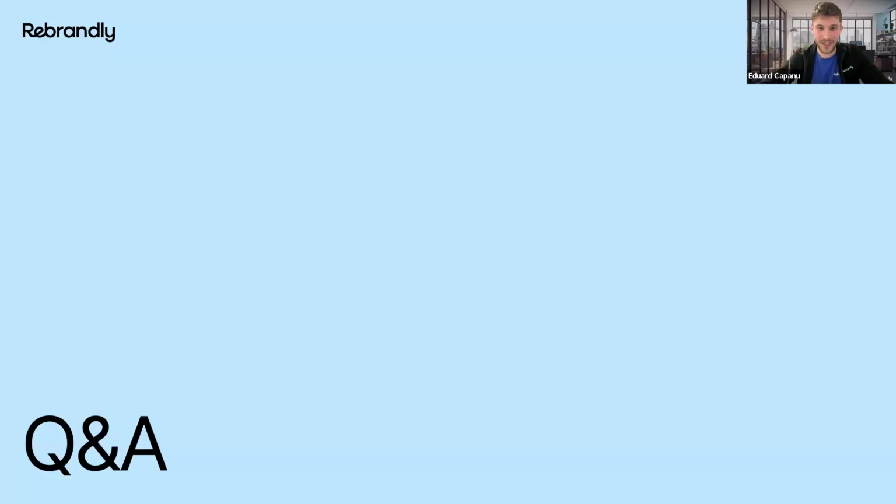Short answer, no. When you first install the Rebrandly MCP, for all the actions you ask it to do, like create me a link or list my workspaces or my domains, the MCP will pop up with a prompt like, always allow me to do these kinds of actions, or just allow once.